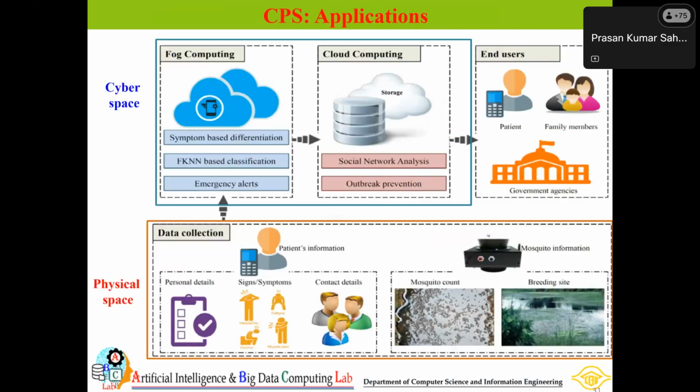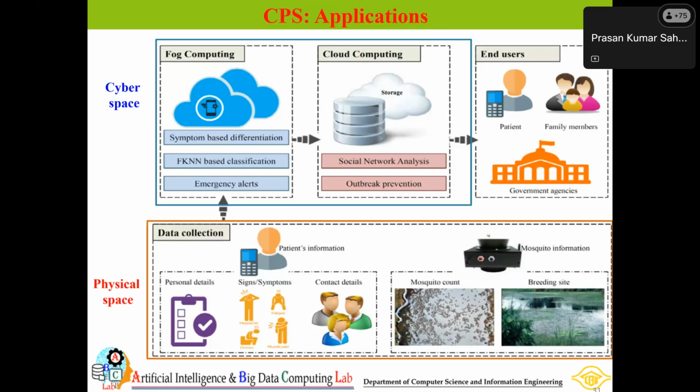Then the application for the cyber physical system, as I have mentioned, has one physical space and another cyberspace. For cyberspace, we may have fog computing, cloud computing, and also edge computing and end users. In the physical space, we can collect personal detail data.